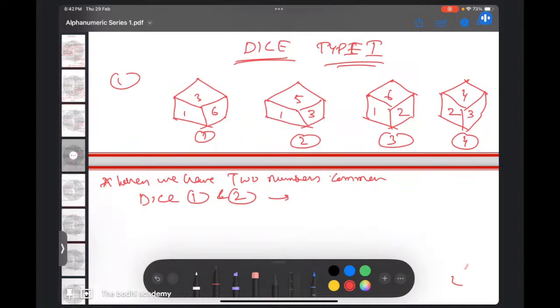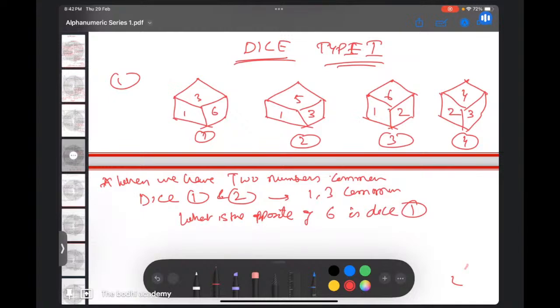When we see the dice 1 and 2, we have 1 and 3 common. So whenever we have any two numbers common, what the question will be? Question will be, what is the opposite of 6 in the dice 1?